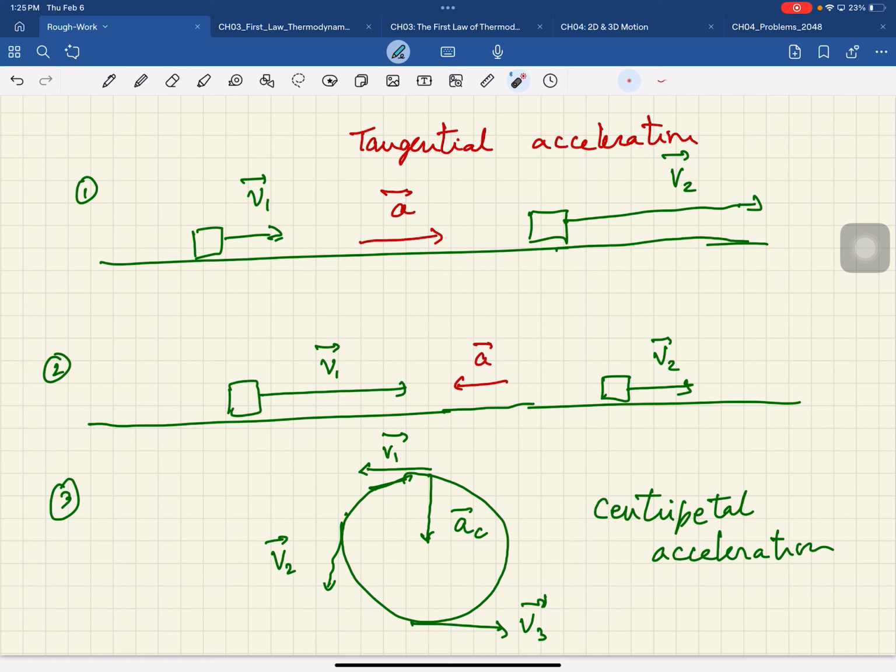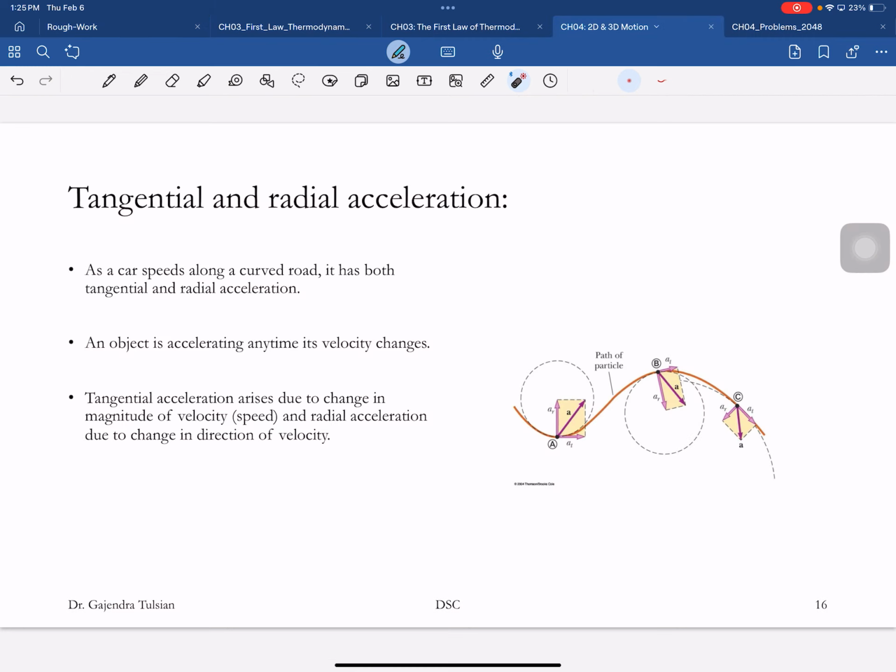All right, so we're going to remember that and apply this to a curved road. Let's say you're driving on this road and you're speeding up. If your speed is increasing, you have a tangential acceleration. And if the road is curving, you have a centripetal acceleration. So there's your total acceleration. What if at this point you're slowing down?